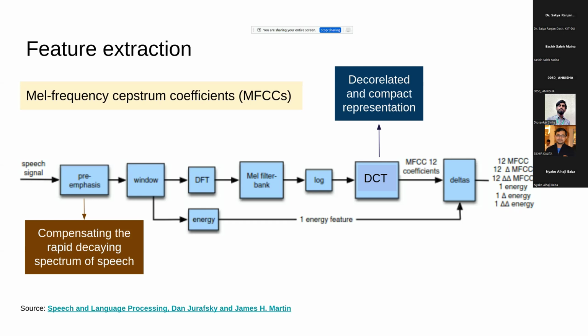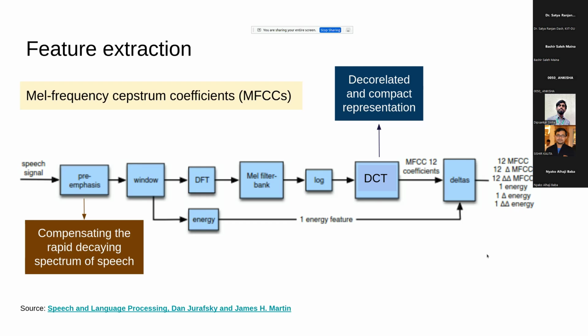It is a very compact representation. But these are called handcrafted representations, because we use signal processing techniques, as well as knowledge of speech production and speech perception, to develop these features. There are different steps, and when you pass the speech signal through those steps, you get MFCCs.